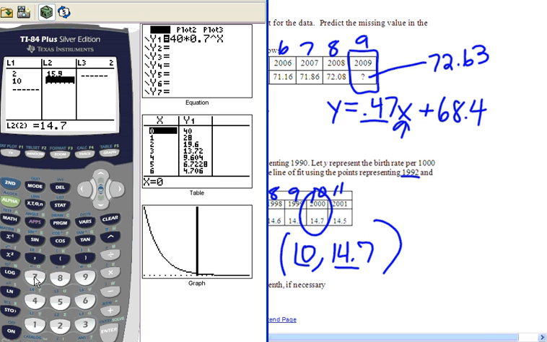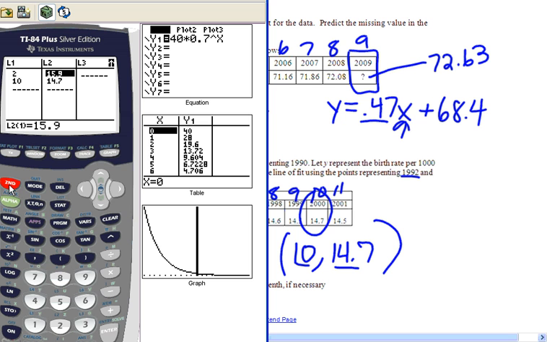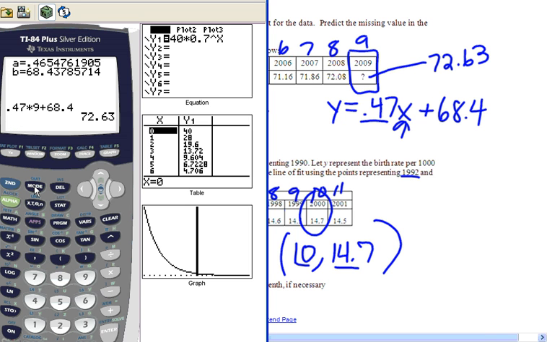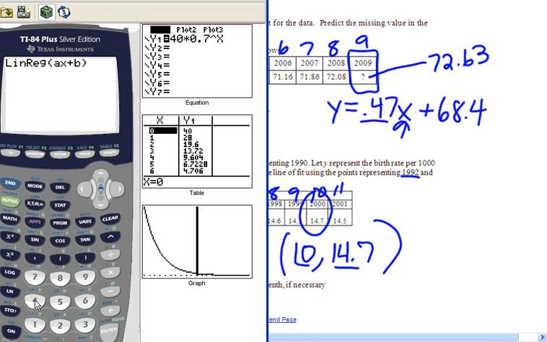All right. Once you have that data in, again, quit out of there, do second mode. And we can run the linear regression again, and it'll give us the equation. And to do that, you press Stat, Calc number 4, press Enter, and there's the equation.